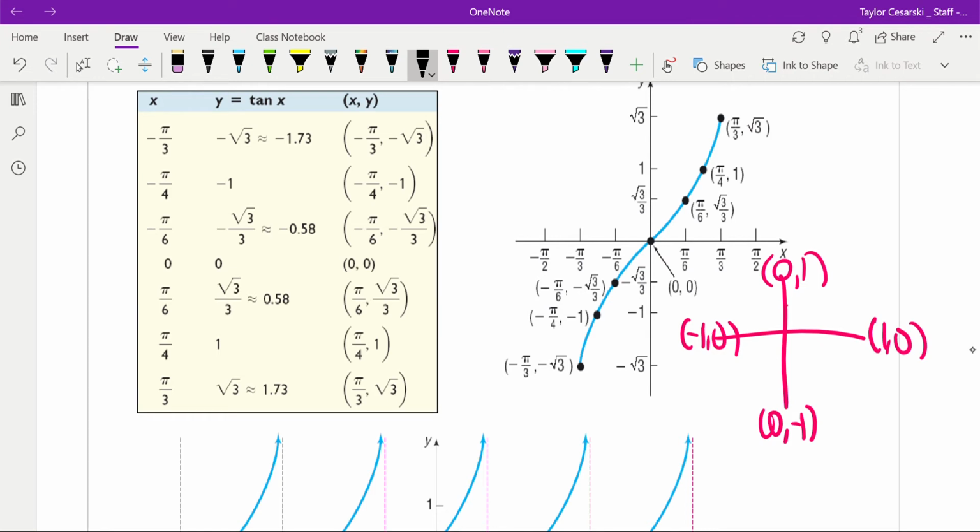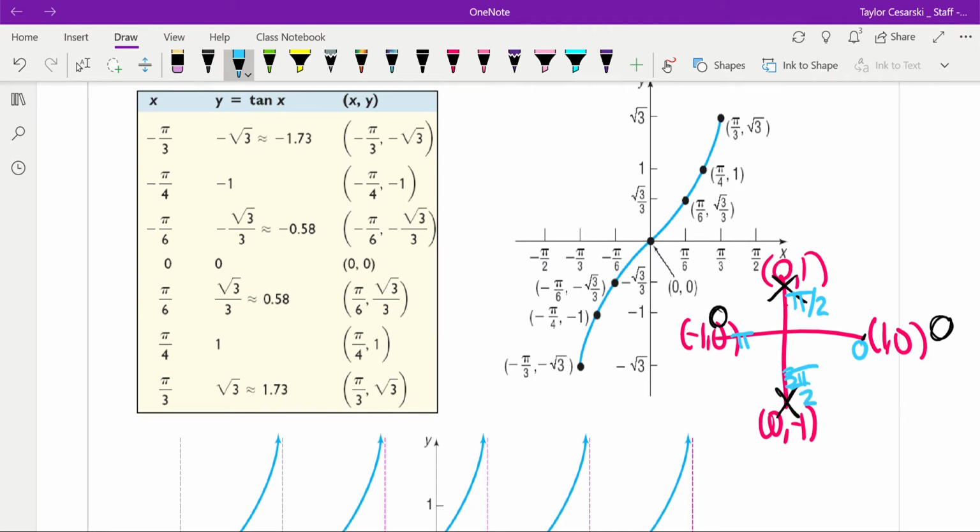So 0 over 1, tangent is going to be 0 right here. Now 1 over 0, I have a problem up here because I can't divide by 0. 0 over 1, tangent's going to be 0. Negative 1 divided by 0, I have a problem at the bottom. So right here, this is 0, pi over 2, pi, and 3 pi over 2.